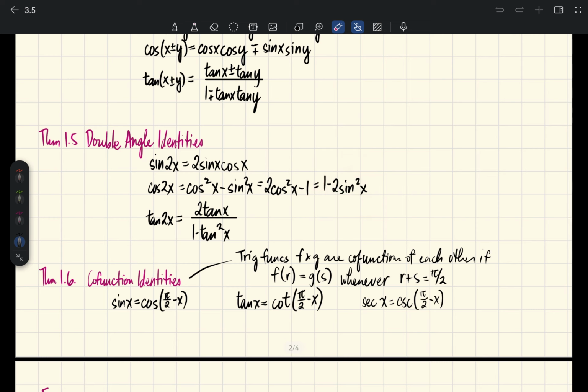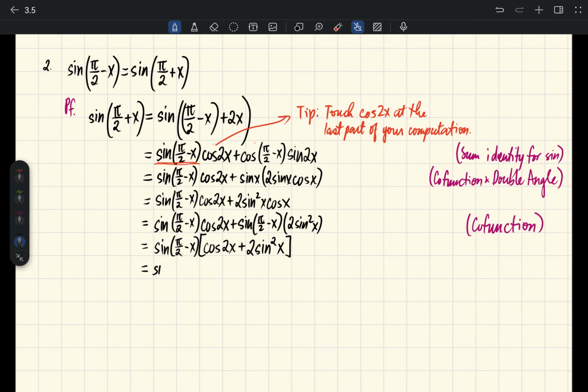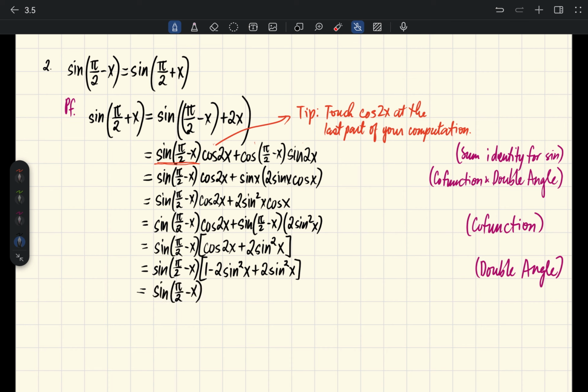So we can use the third form of your cosine 2x to write this one as sine of pi over 2 minus x times, you have 1 minus 2 sine squared x plus 2 sine squared x. So we just use here the double angle. And finally, simplifying the one inside, these two cancel out. You just have 1. So we have here sine of pi over 2 minus x.